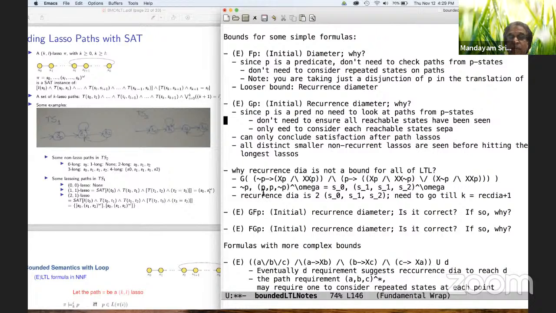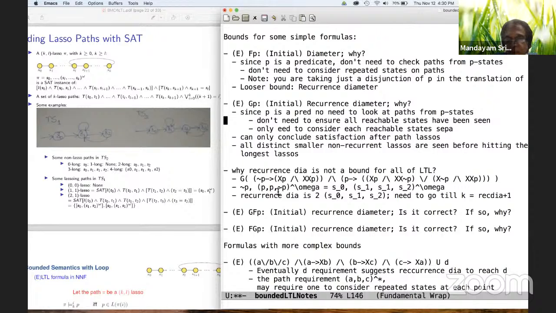If I iterate twice in S1, then I can find a path that satisfies this pattern of not P with P, P, not P. For example, the execution S0, S1, S1, and S2 omega indeed satisfies this pattern, correct?